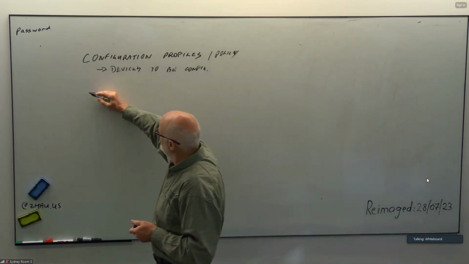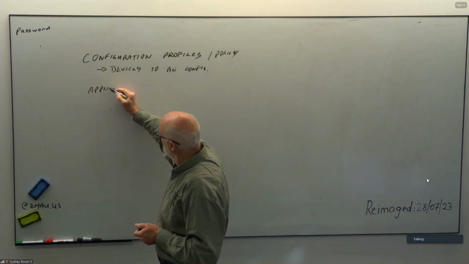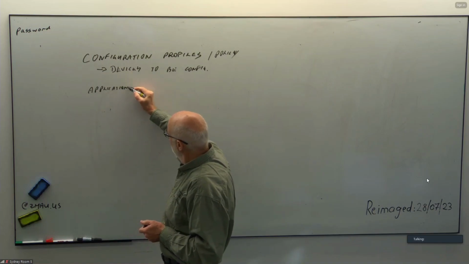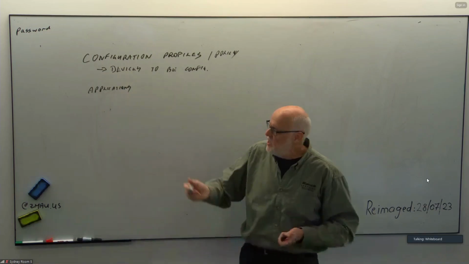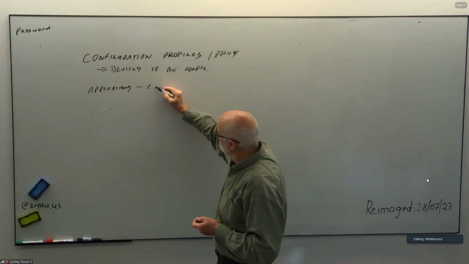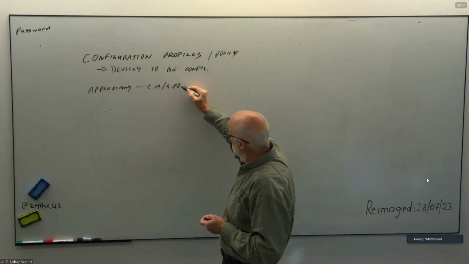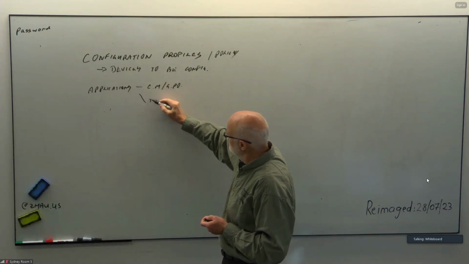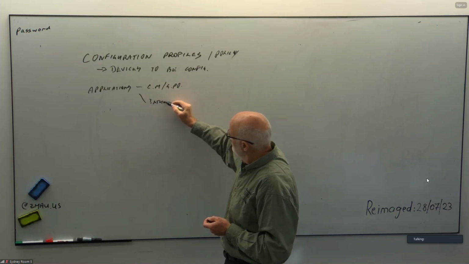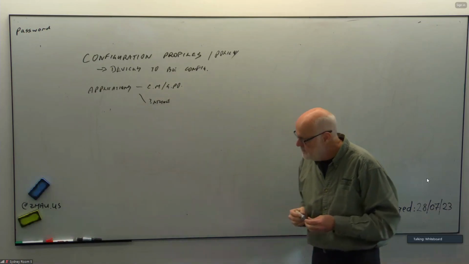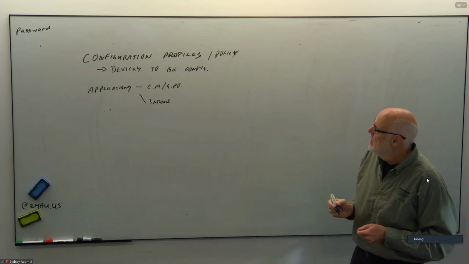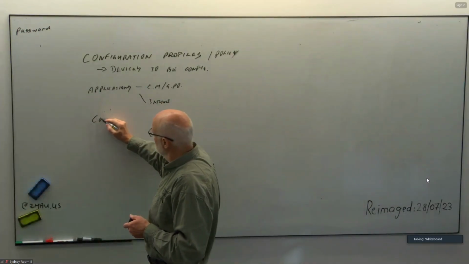We also looked at applications. We looked at traditional methods of managing applications, so Config Manager, group policy, and we looked at modern methods in Intune. We looked at compliance policies.